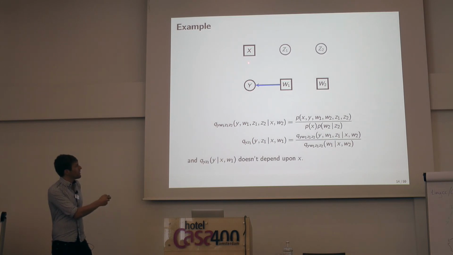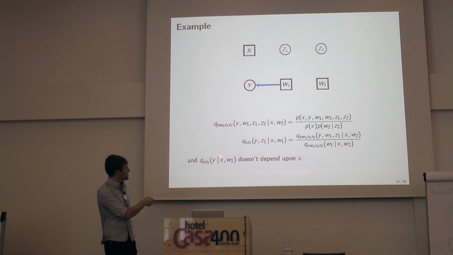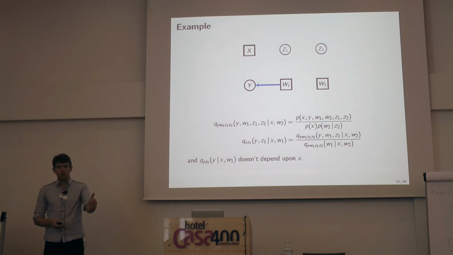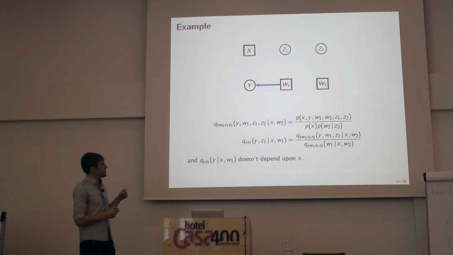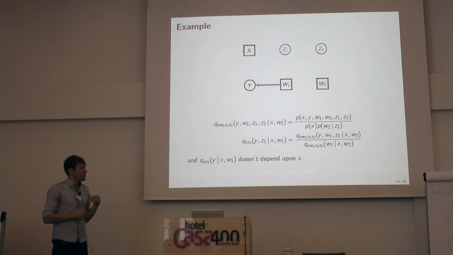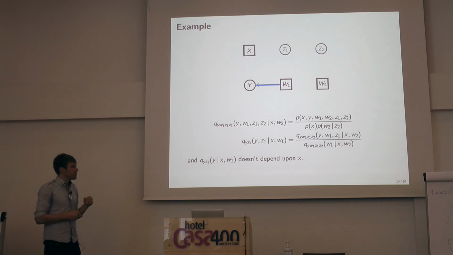And now you note that there's no arrow between X and Y, so this rather weird distribution I have left doesn't depend upon X, and it would have done precisely if there had been an arrow there. So that gives you a sort of generalized conditional independence that you can determine from your distribution.